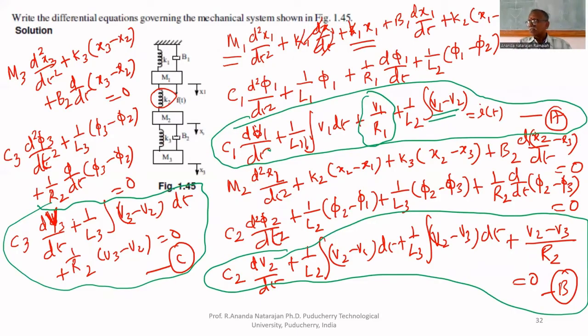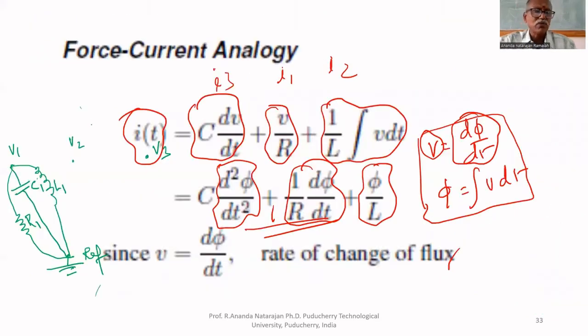This inductor is across V1 and V2. Therefore, we have to draw this inductor between V1 and V2. This is V2. L2 is between V1 and V2.